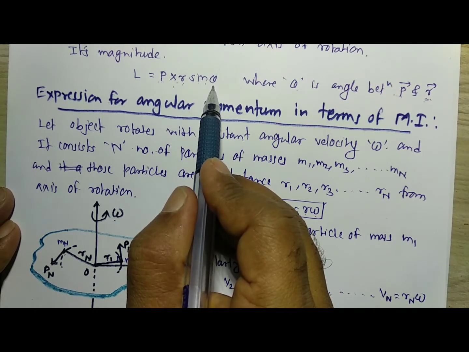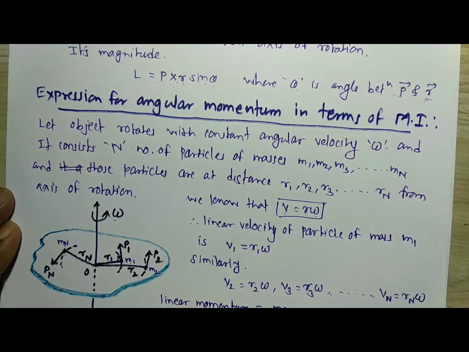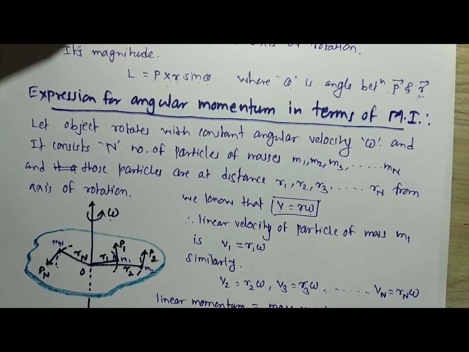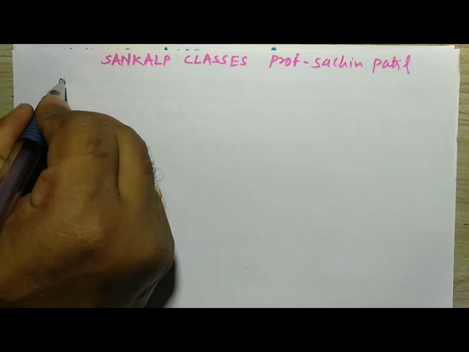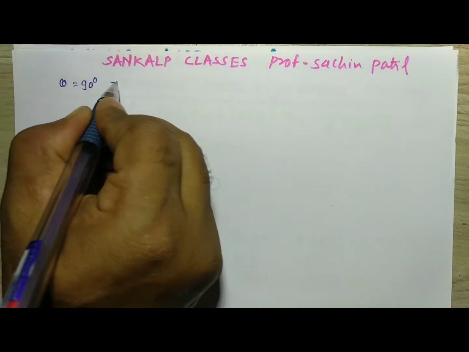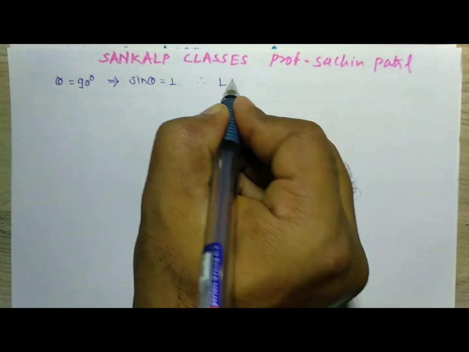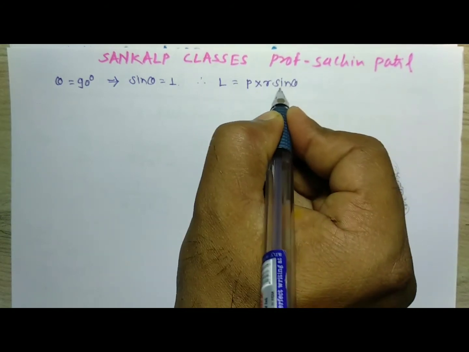If you put theta is equal to 90 degrees, sine theta is equal to 1, and therefore L is equal to P into R. By using this, you can calculate the angular momentum of each particle, and by using the angular momentum of each particle, you can calculate the angular momentum in terms of the moment of inertia as follows. From the figure, you will get theta is equal to 90 degrees, and it implies that sine theta is equal to 1, and therefore L is equal to P into R sine theta, where sine theta is equal to 1.